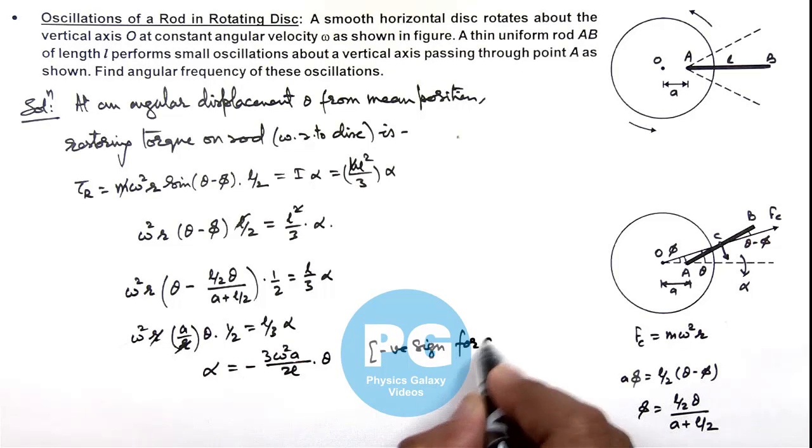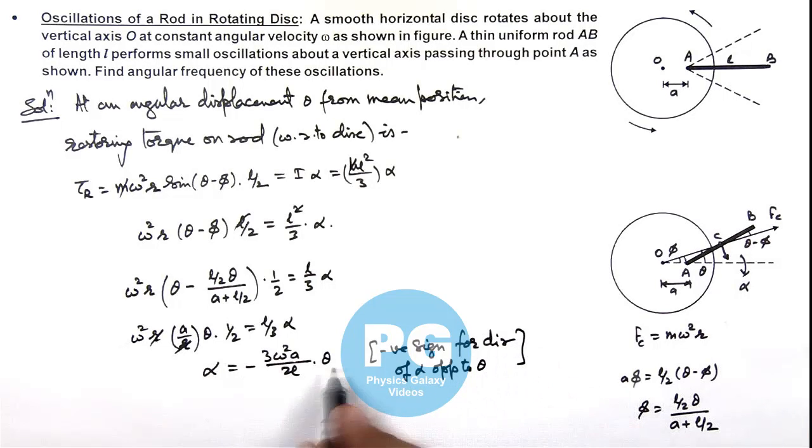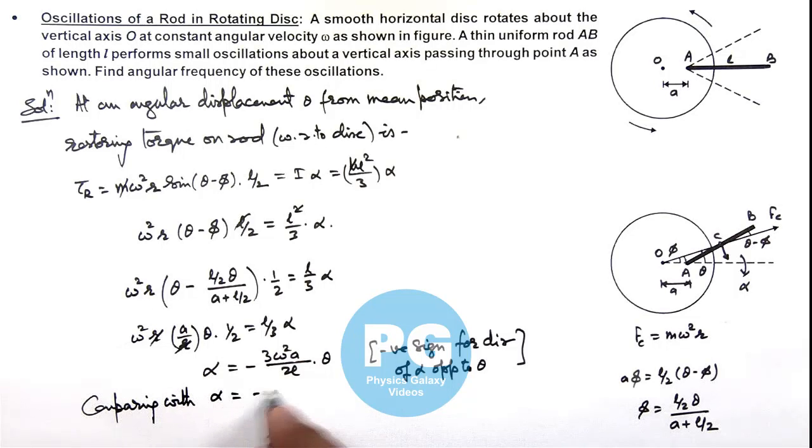We write the negative sign for direction of alpha opposite to theta. Here we can substitute this negative sign as these two are in opposite direction, and now we can compare with alpha is equal to minus omega squared theta, and this will give the value of angular frequency.